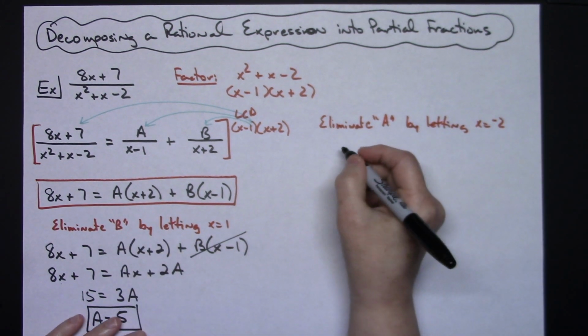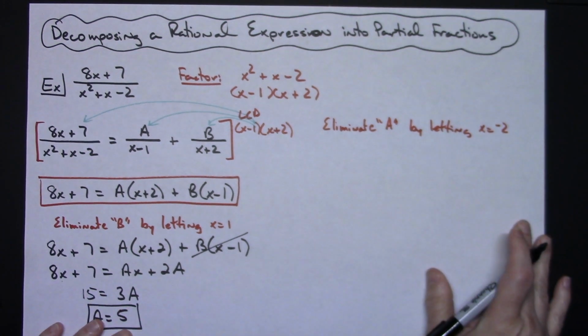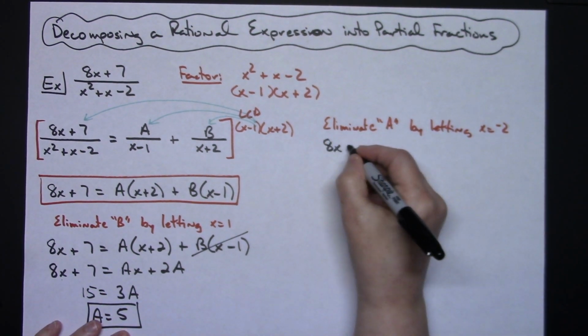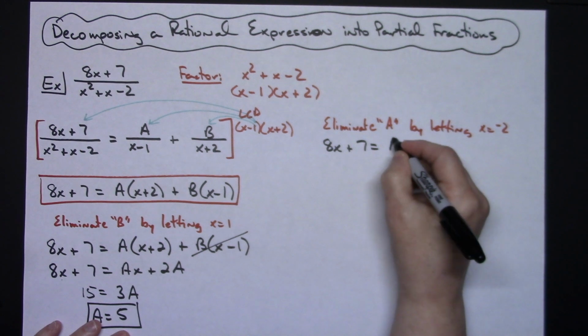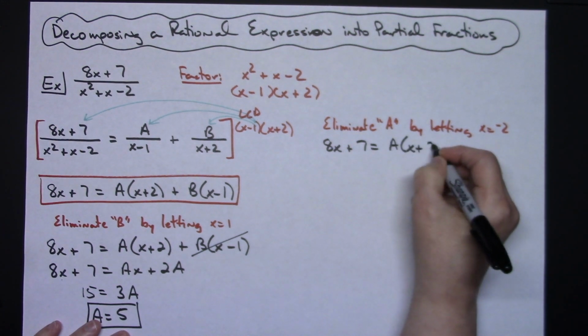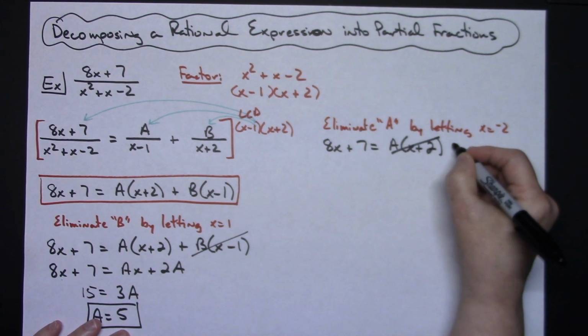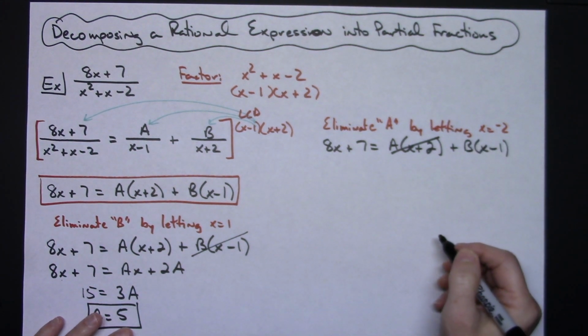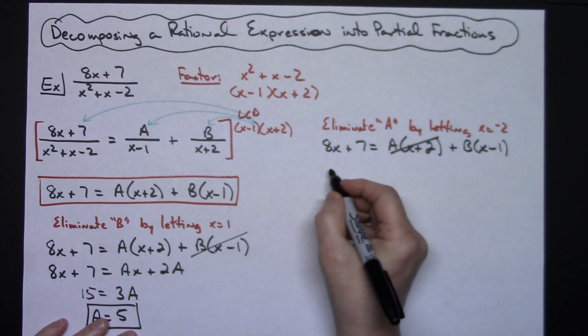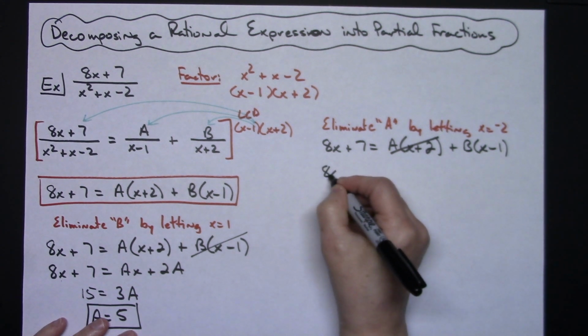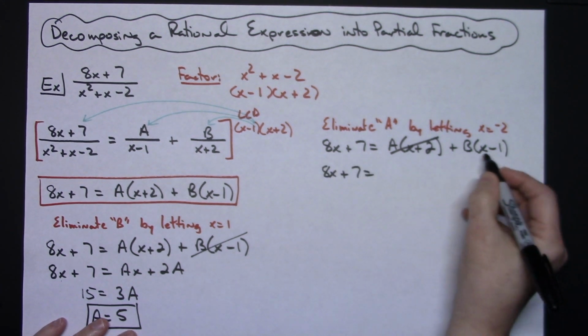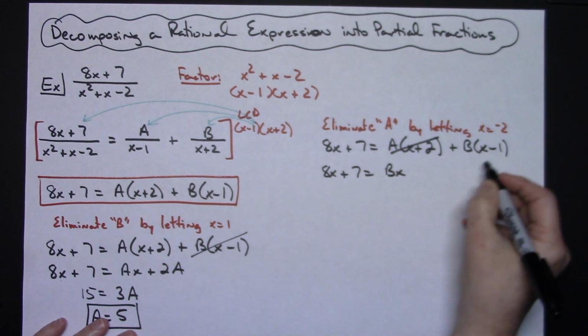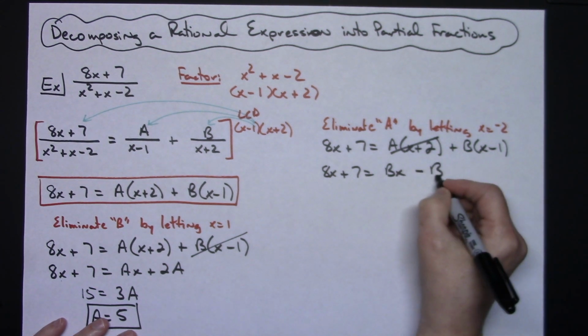So writing that out, we'll have 8x plus 7 on this side is equal to the a times the x plus 2, and we said that term's going to go away, plus the b times x minus 1. Now we won't substitute anything else in just yet. We'll do 8x plus 7 is equal to bx minus b.